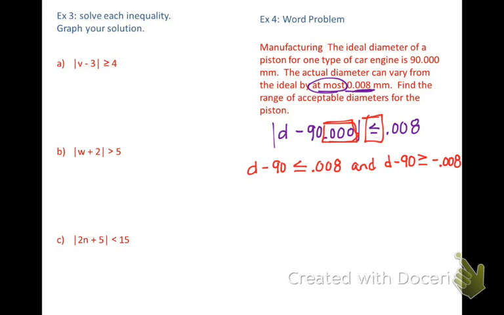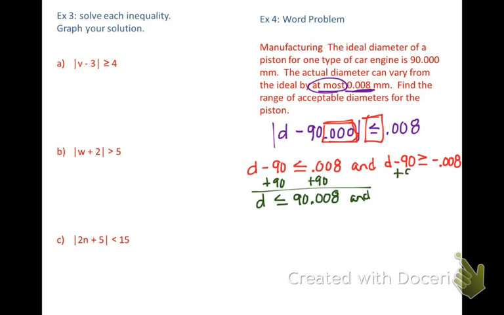Now we're going to do the math. I'm going to add 90 to both sides. And I'm going to have D is less than or equal to 90.008.